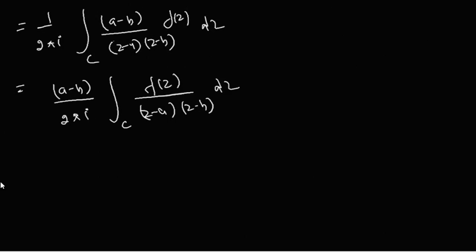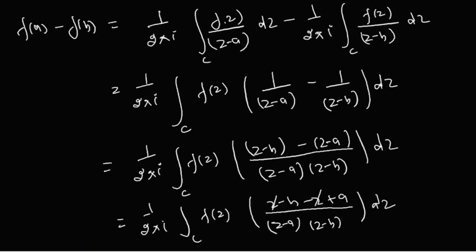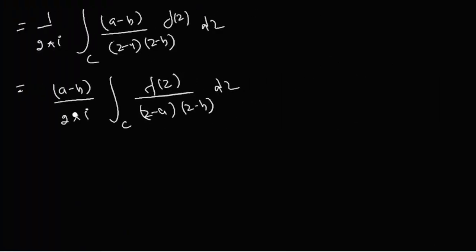Okay, so this is equal to, as you can see, f of a minus f of b equal to this thing: 1 upon 2 pi i, a minus b upon 2 pi i, f of z upon (z minus a)(z minus b) dz. But we know that the function is constant. Function is constant means the mod of f of z must be less than or equal to k.